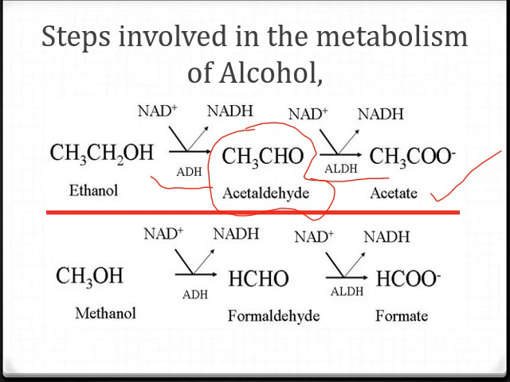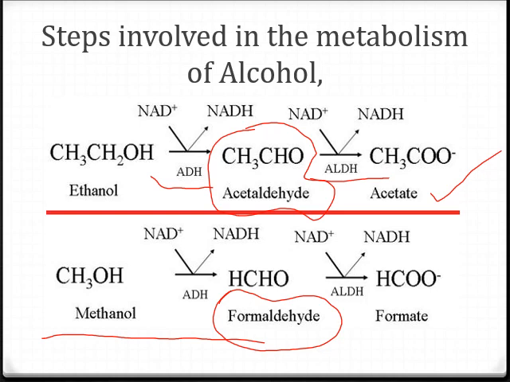Okay, below you can see another thing, the oxidation of methanol. Methanol is also an alcohol, but it is more potent and toxic than ethanol. Methanol, by the enzyme alcohol dehydrogenase, undergoes oxidation to form formaldehyde. Remember, this formaldehyde is more dangerous than acetaldehyde.